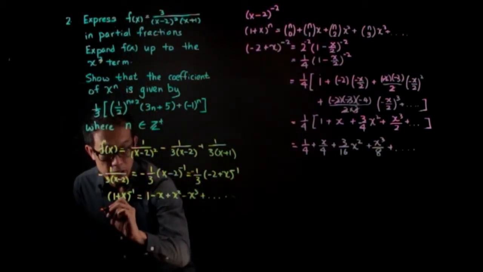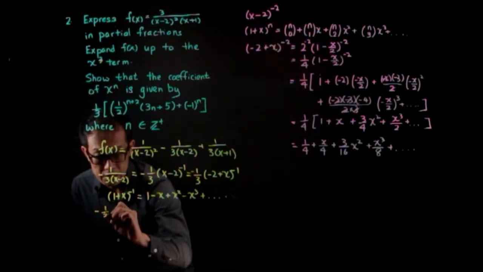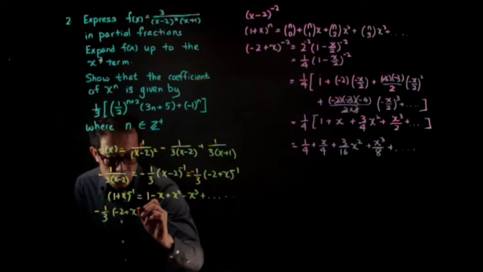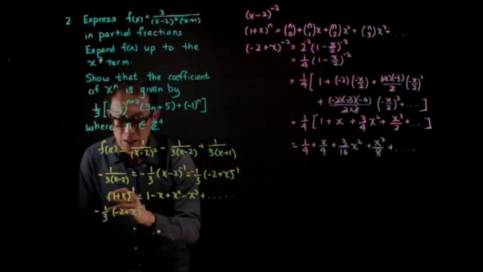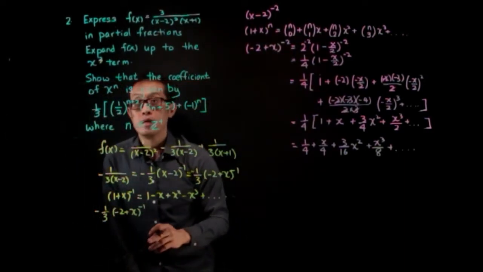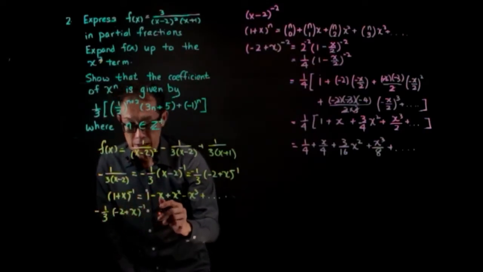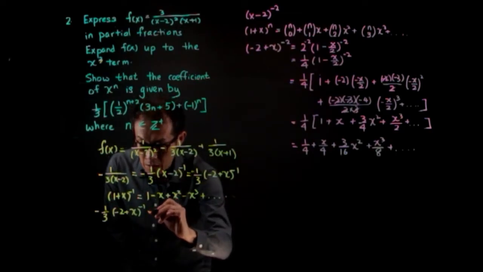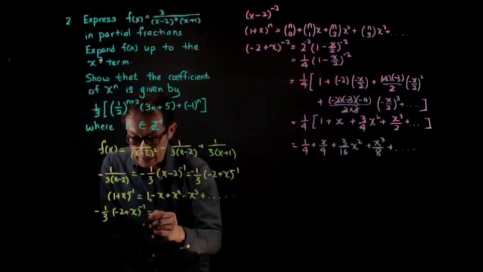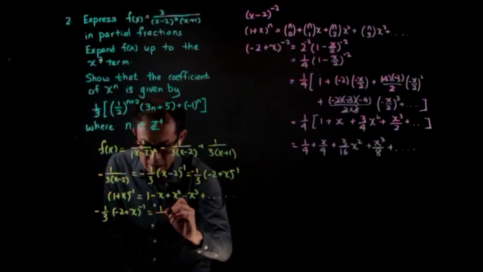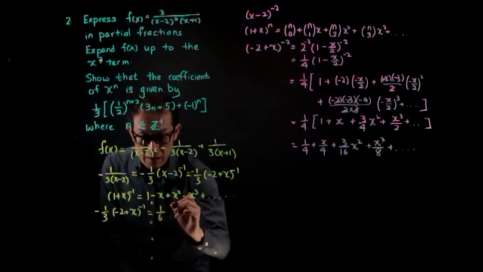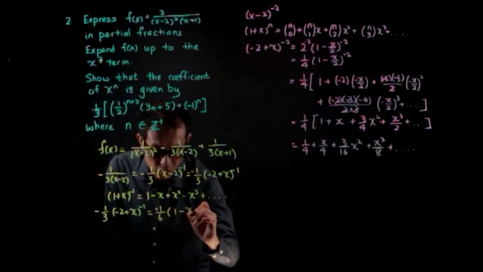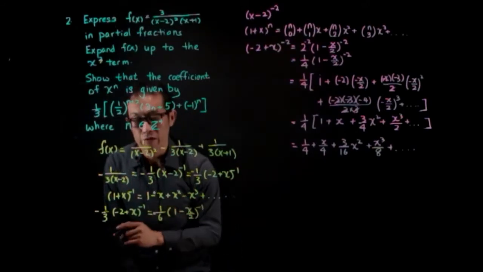So you have minus 1/3 times minus 2 plus x to the power of minus 1. You take the minus 2 out, but it's to the power of minus 1, so this will then become 1/6 because you must times half. What do you have here? You have 1 minus x over 2 to the power of minus 1.